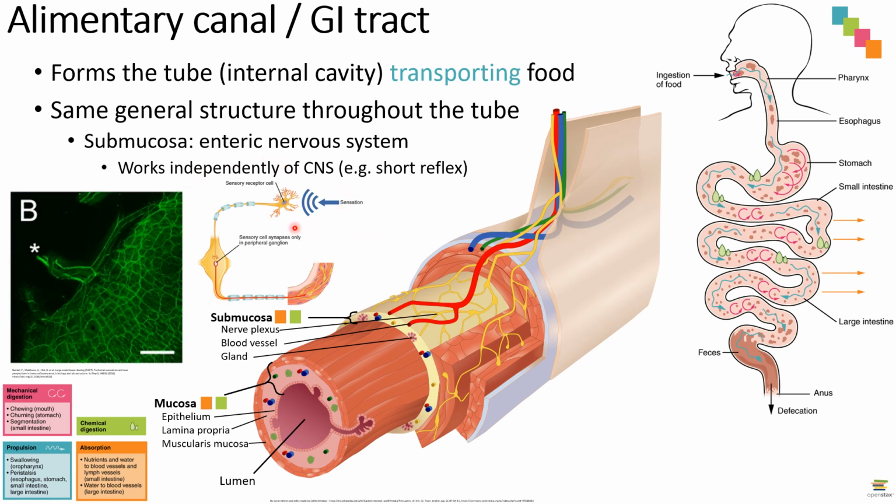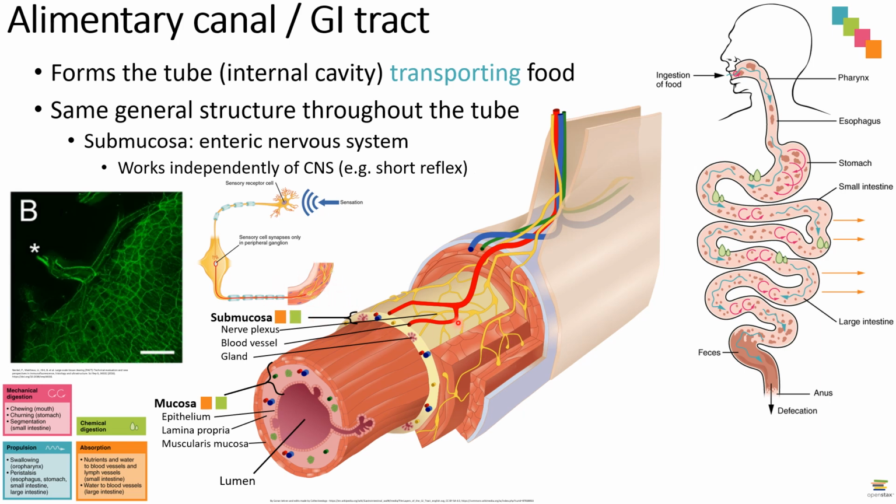As a reminder, a short reflex is when you have a sensation, say stretching of the gut here, which will be sensed by the neuron, and that neuron sends a signal to a ganglion, which is a local cluster of neuron cell bodies. And so you can see the ganglia here present in our submucosa, and then these ganglia directly send outputs to the muscles and generate responses.